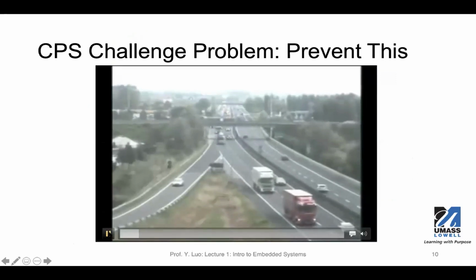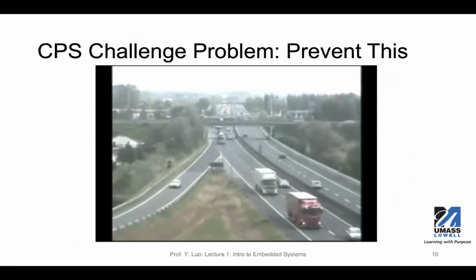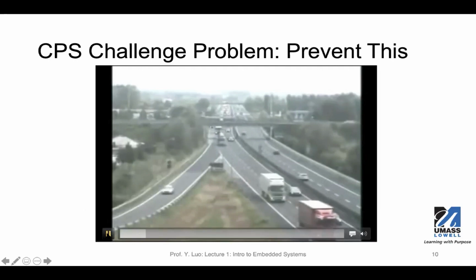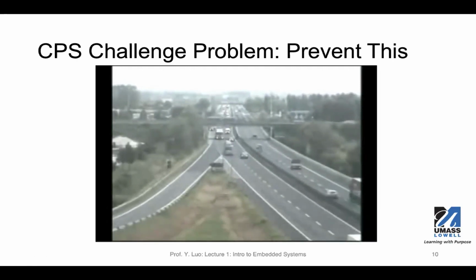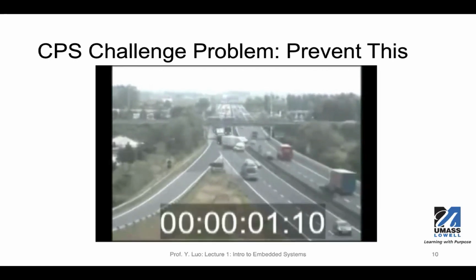All right. Before I show you this next one, just want to warn you that it's a little bit disturbing because we're showing some problems here. This is a typical off-ramp of a highway and a typical day, but something happened.